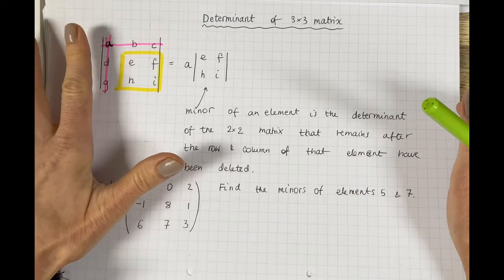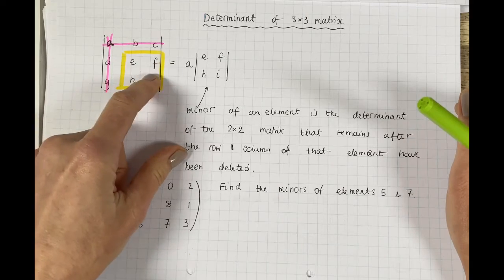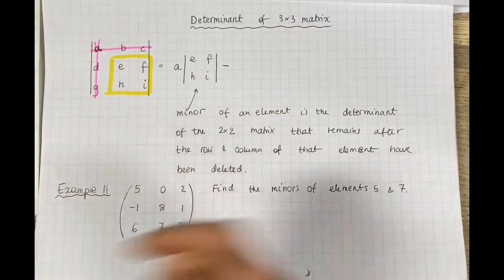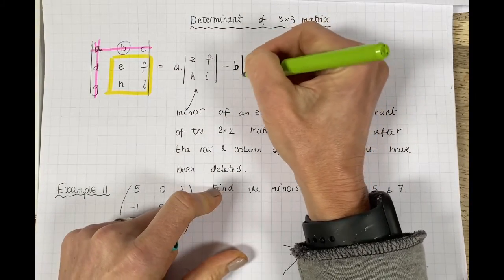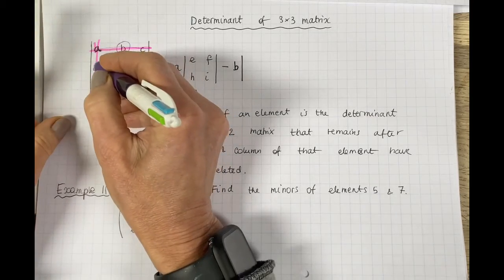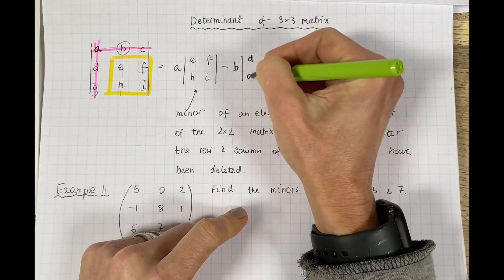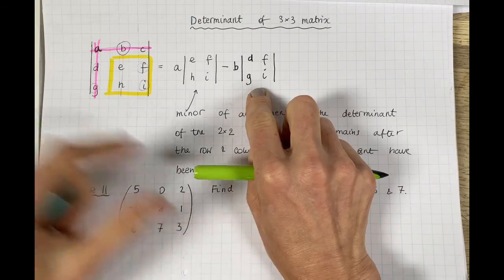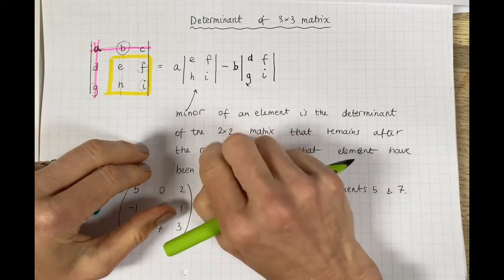The formula for the determinant is the element A multiplied by det of the 2 by 2 matrix that's left, minus, then you're going to select B. Imagine then deleting the column and the row that contains B. You'll be left with D, G, F, I. Once you write it down, you work out det of those four elements, the 2 by 2 matrix that you obtain by putting them together, and multiply it by B.